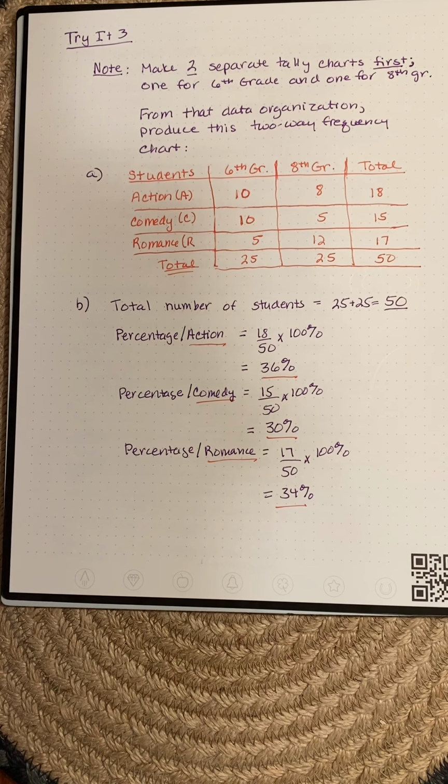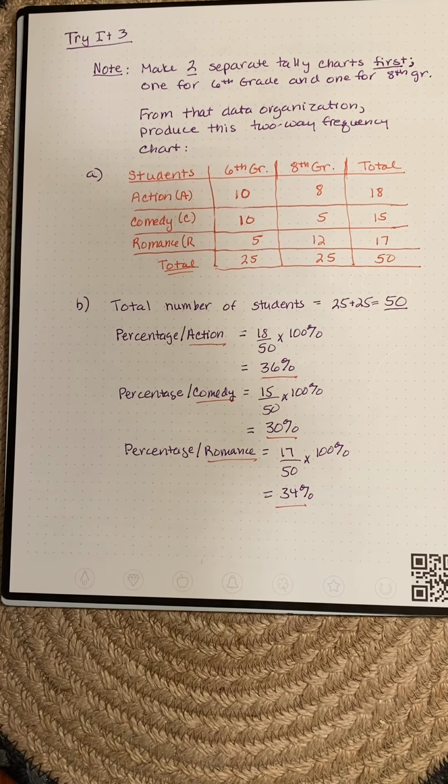So at the bottom of 149, you see the 6th grade results. All the A's are for action, all the R's are for romance, and all the C's are for comedy. At the top of the next page, you see the same table only for the 8th grade students.